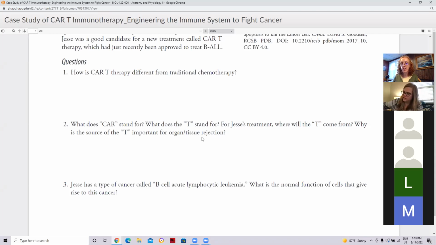You don't remember that? Glycoproteins or the MHC? Yes, the MHC. Good job. Booyah.